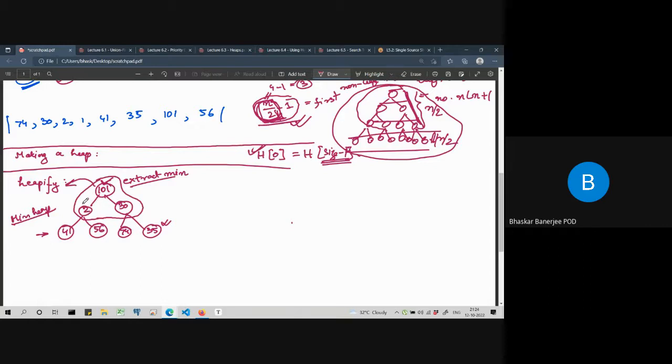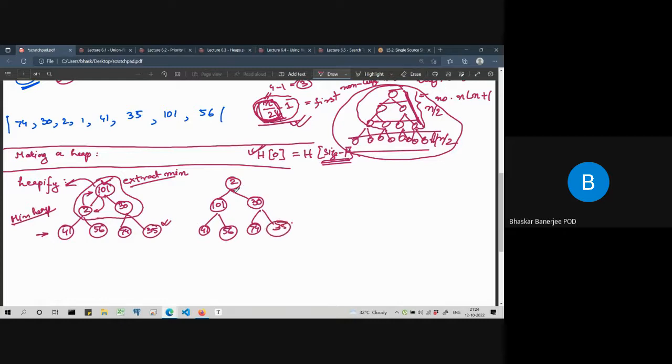So I place 2 in place of 101 and 101 in place of 2. So what will my heap become? 2, 101, 30. Rest of it remains the same as of now, 41, 56, 74, and 35.